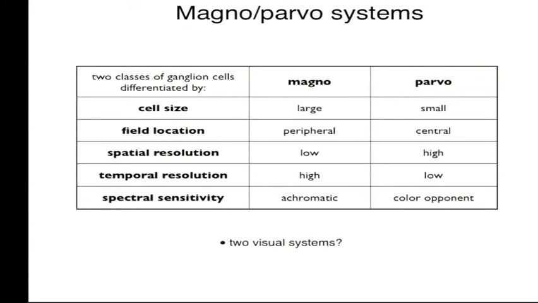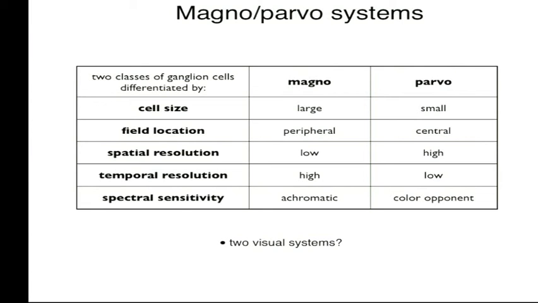Yes? How's that different, like the magno being like rods and parvo being like? No, it's not rods and cones. Seems like a very similar split of descriptions. I guess there's some similarity there, but it's not divided up by the type of photoreceptor.